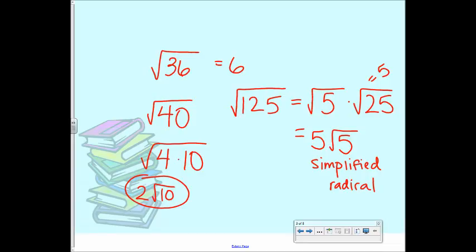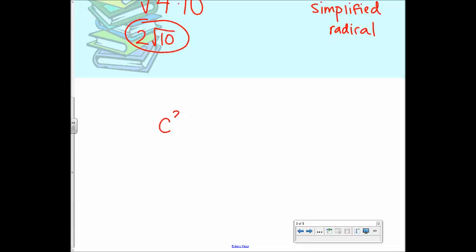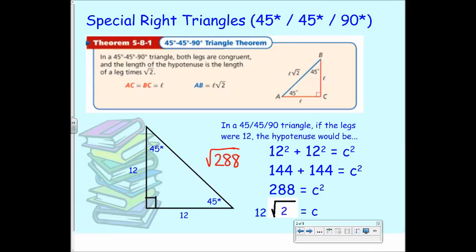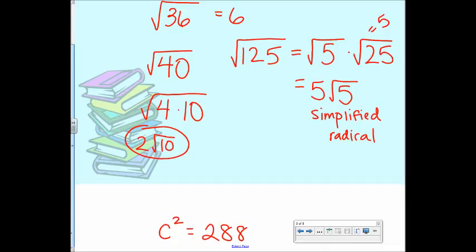So going back then to what we had before, which was c squared equals 288, which is what we had from this one right here. What factor could I break 288 down into?